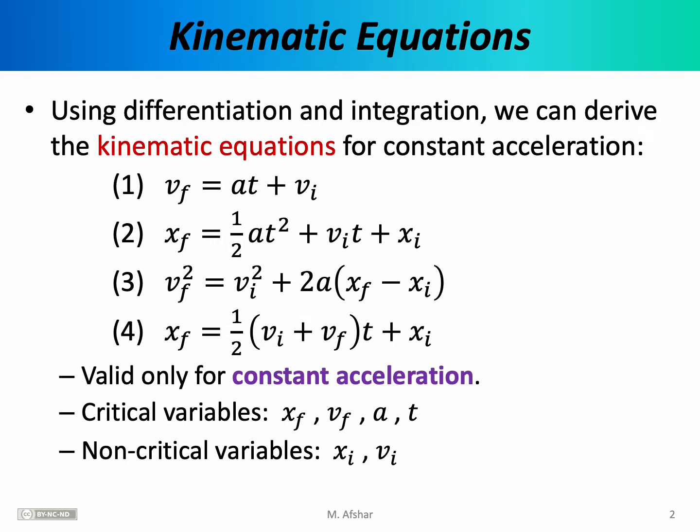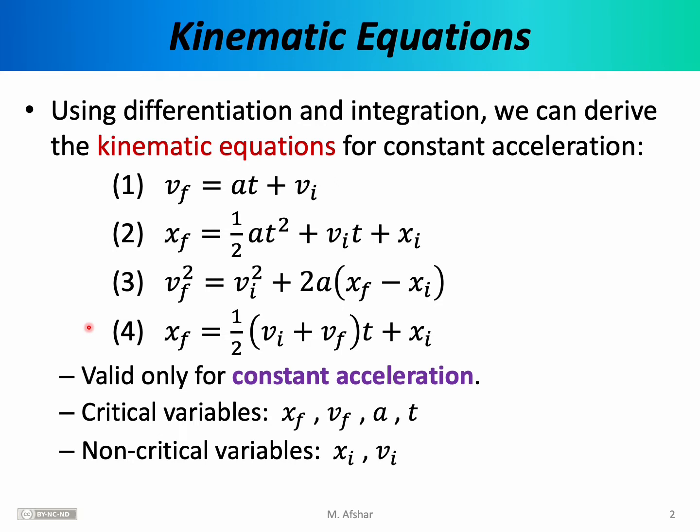In past lectures, we learned about the kinematic equations. The kinematic equations are the set of four equations that you see listed over here. These four equations relate the three basic kinematic variables: position, velocity, and acceleration. We've already seen how those three variables can be related to each other by differentiation or integration, but the kinematic equations essentially give us a shortcut for relating these three parameters.